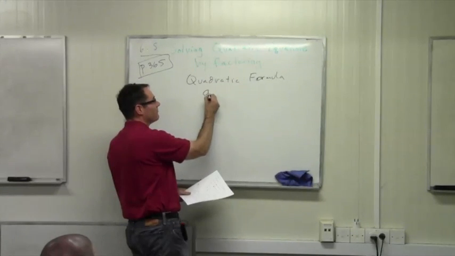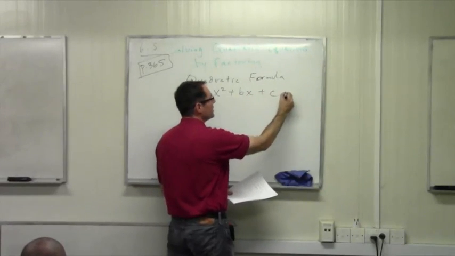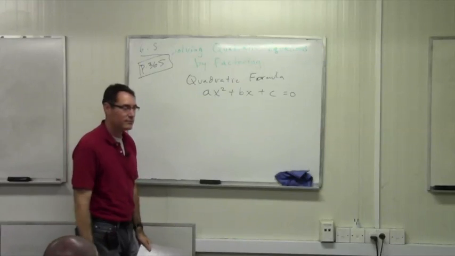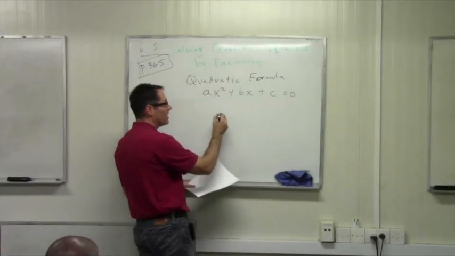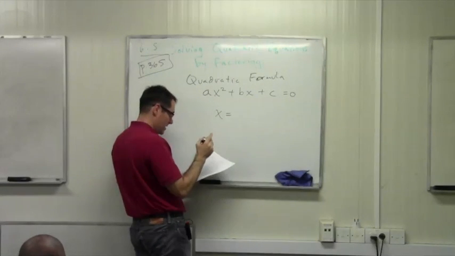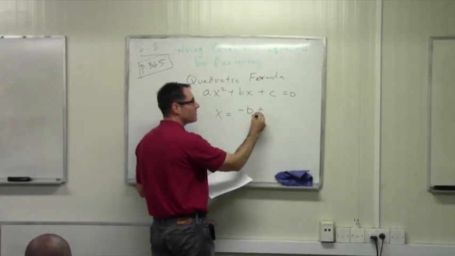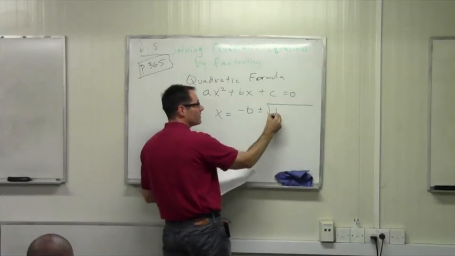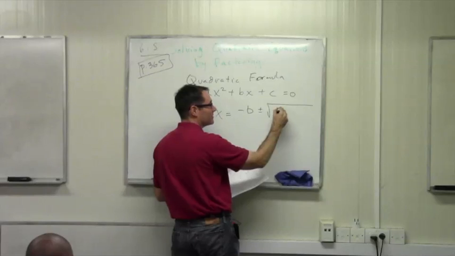If you have something in the form of ax squared plus bx plus c equals 0, you can immediately, and I say immediately, but really it's going to be a couple steps, solve for x with the following equation. x equals, and this will bring back some memories for some of you guys, x equals negative b plus or minus the square root of, remember this now? Maybe it won't. Maybe it's not bringing back any memories.